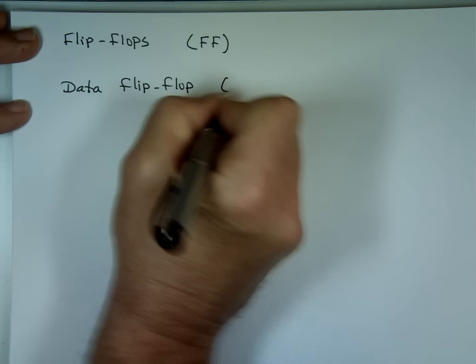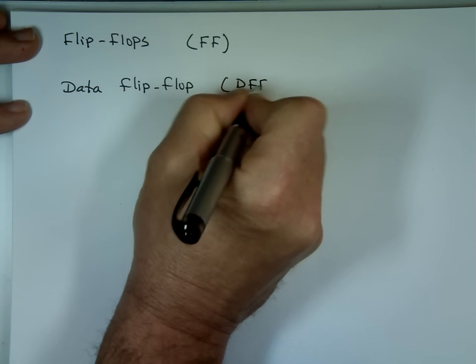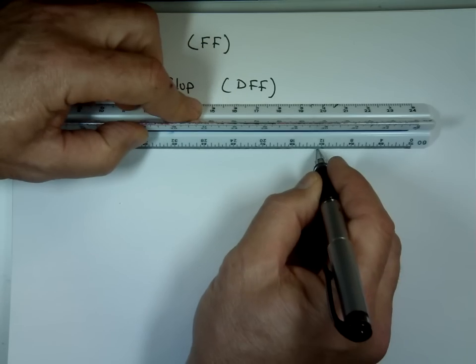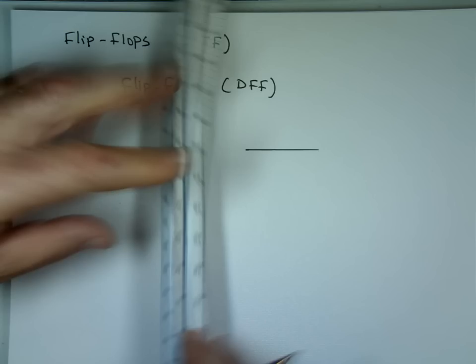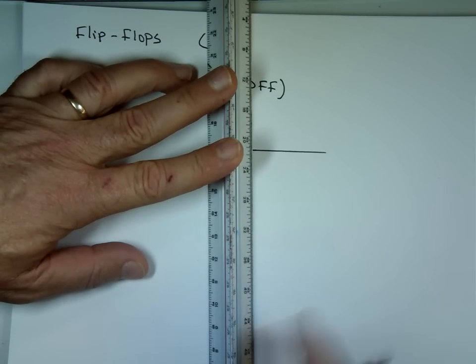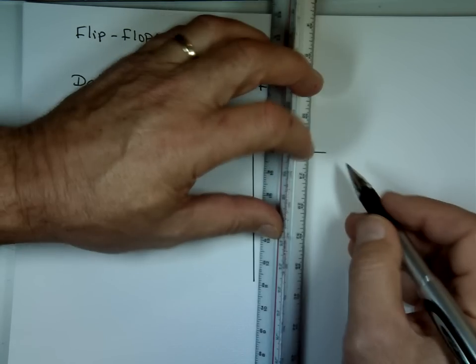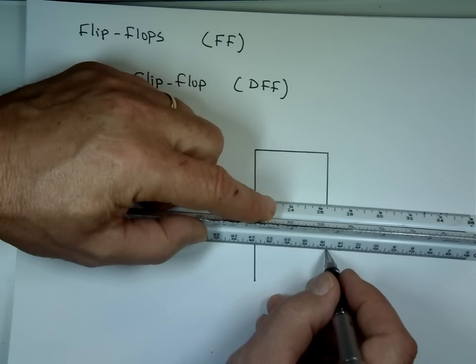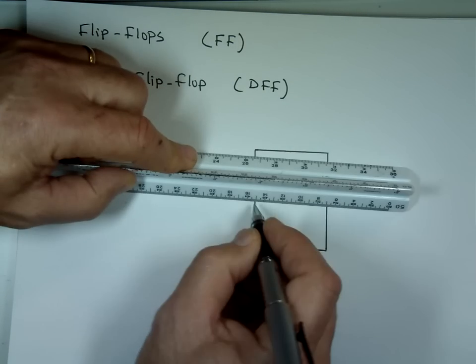D flip-flop, data. The way that flip-flop works, it has only one input and two outputs. All the flip-flops actually have two outputs. One is the output, the other one is the complement of it. So this one looks something like this. Some have a clock, some don't.